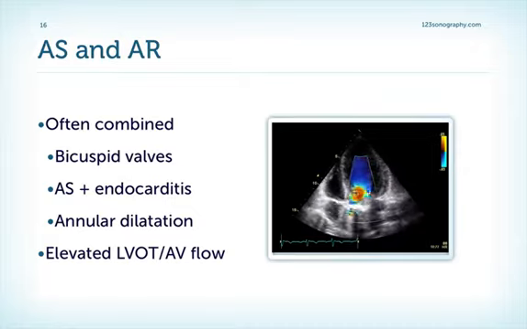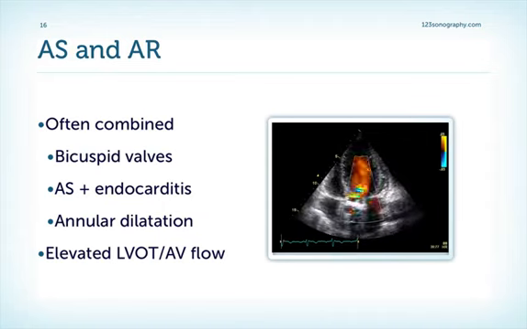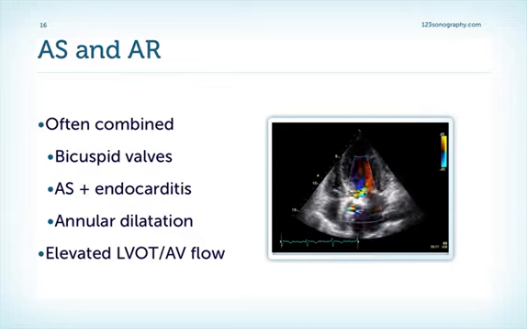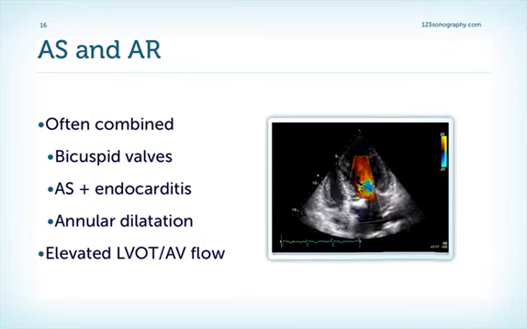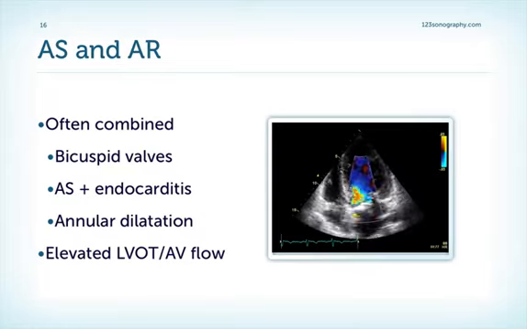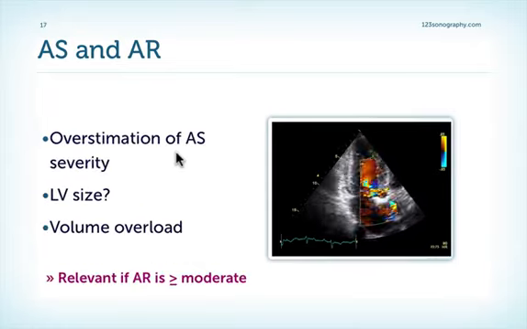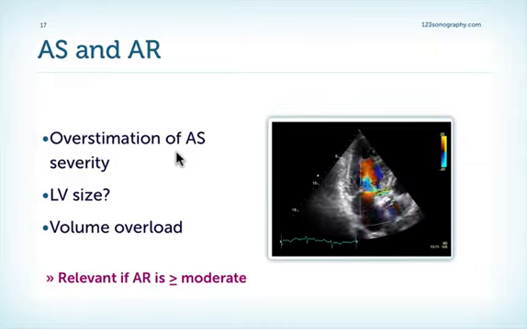In these cases, we will encounter elevated LVOT or aortic valve flow, leading to high LVOT velocities and turbulences. With stenosis and aortic regurgitation, we can actually have overestimation of aortic stenosis severity.